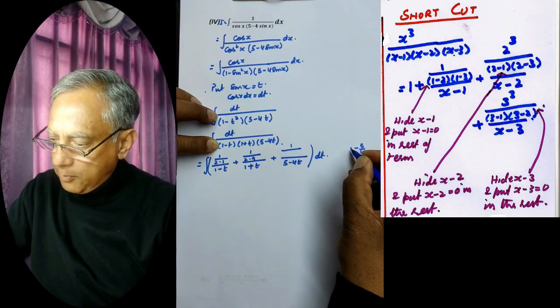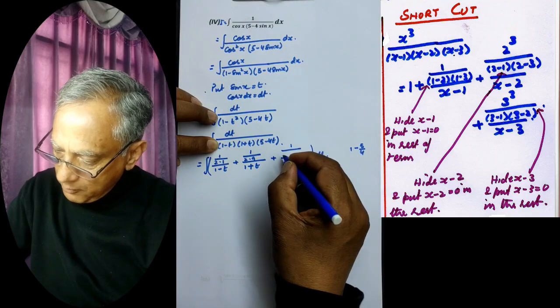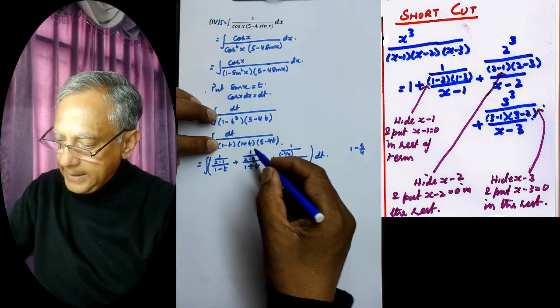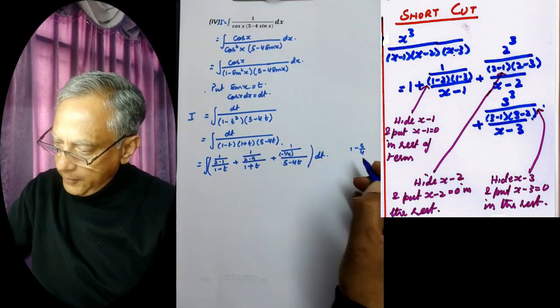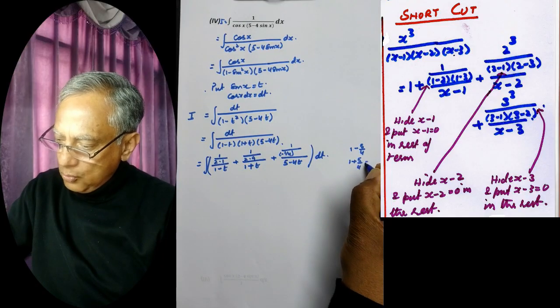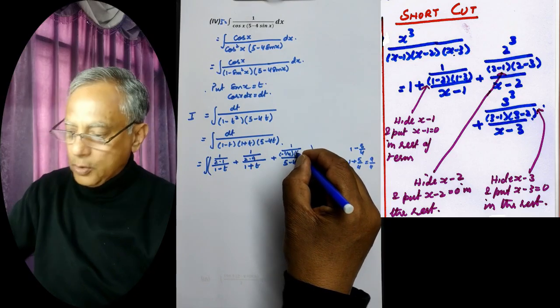So this will be 4 minus 5, which is minus 1 by 4. So we will get minus 1 by 4. And in this, when we put t equal to 5 by 4, we will get 1 plus 4, that is 9 by 4.